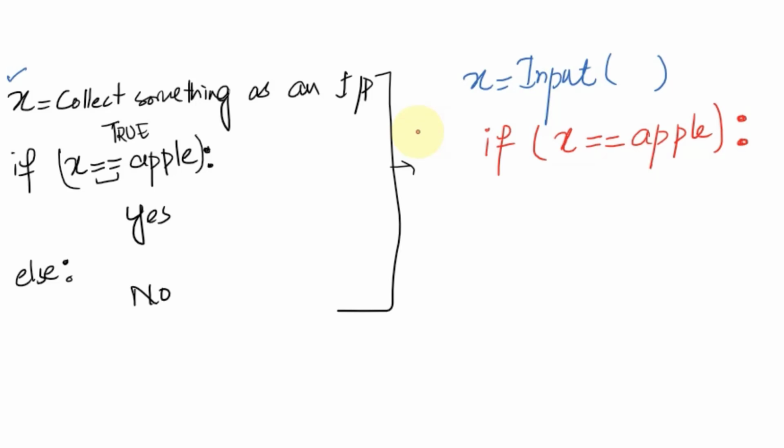So if x is equal to, equal means the equality operator as we have described in our previous lecture, an apple, what will happen? It will say yes. But wait a minute here. Whenever we write a complete noun or a list of characters, we will just put the inverted commas at the start and at the end of our characters here. So if x is an apple, it will say yes.